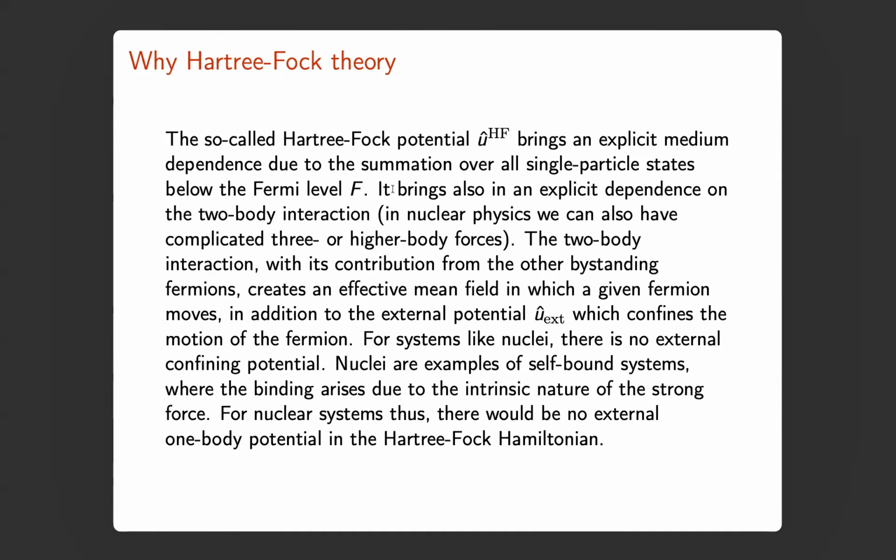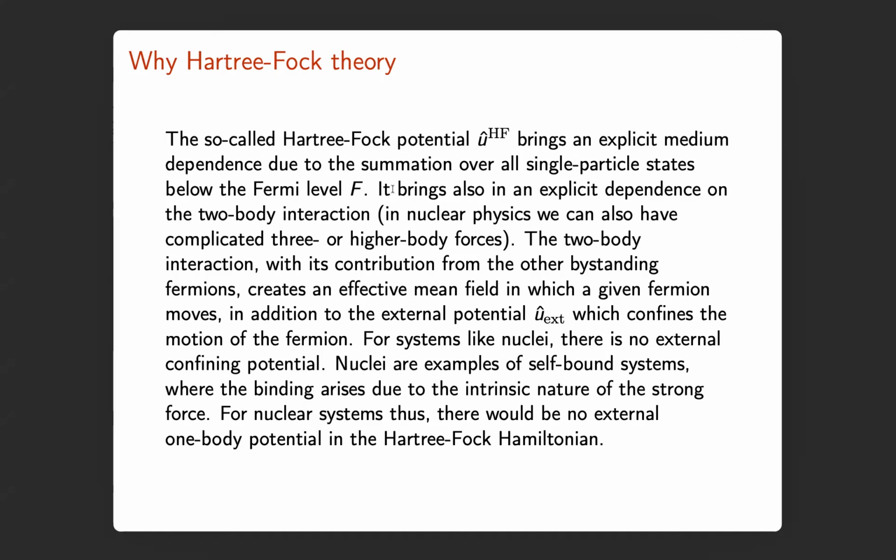So it brings in an explicit dependence on the two-body interaction, and that's normally something which we would call correlations. So the type of correlations in mean field theory arise if you're looking at fermions due to the direct term and the anti-symmetrization requirement on the wave function, which gives you an exchange term.